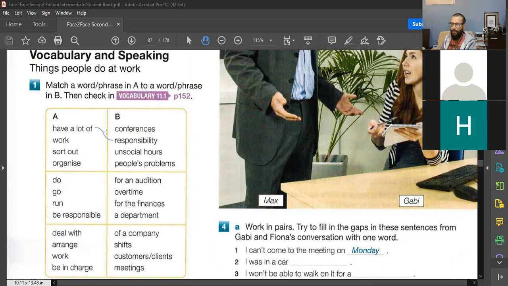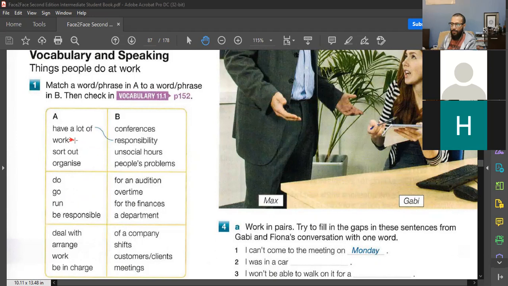So, have a lot of responsibility. Work what? What do you think? People's problems. Is there a better one for people's problems? Yeah, sort out.